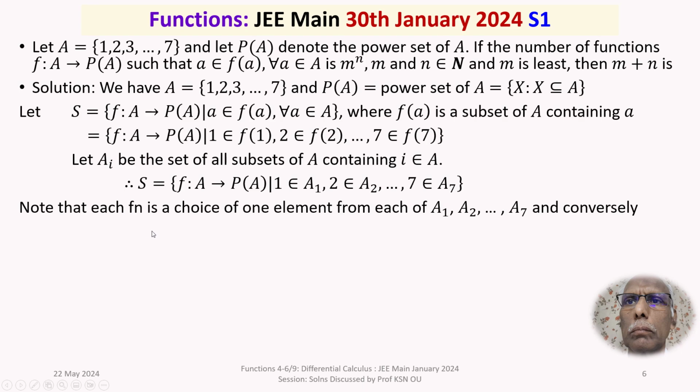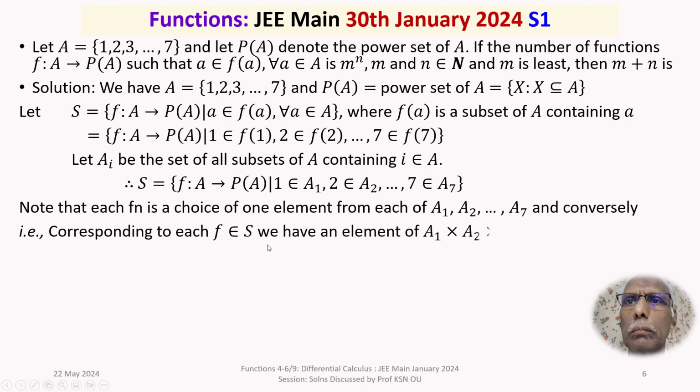In other words, corresponding to each function f belongs to S, we have an element of A1 cross A2 cross A3 cross A4 and so on, cross A7. This is the Cartesian product.